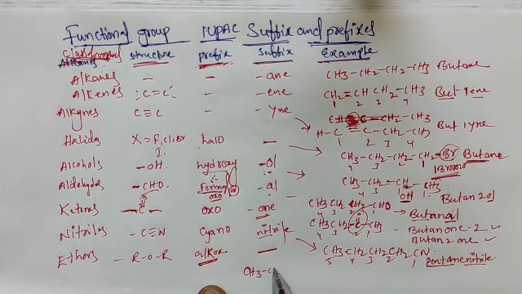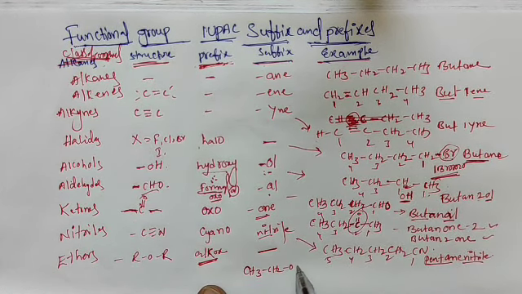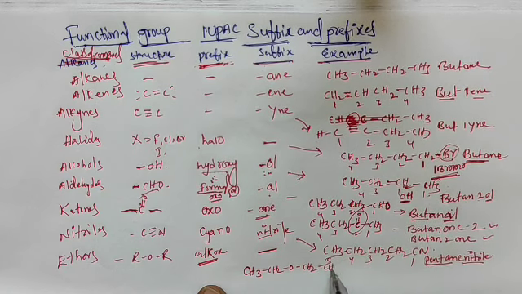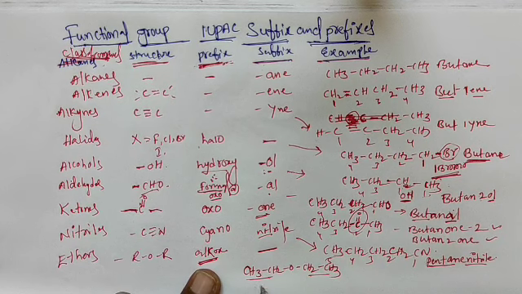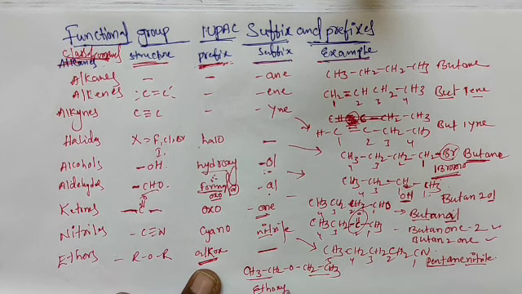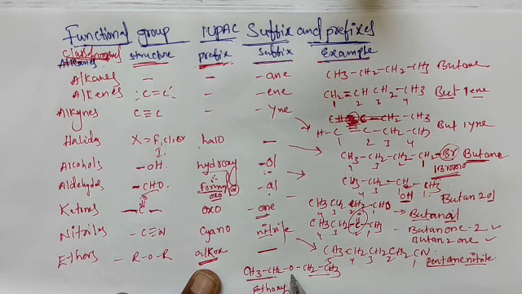Ethers: CH3, CH2, O, CH2, CH3. This side 2 carbons, this side also 2 carbons. Then what do we take? Alkoxy, that is ethoxy. These 2 carbons and oxygen are given the name ethoxy.